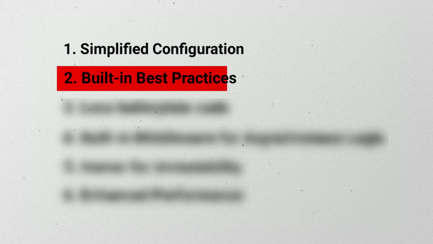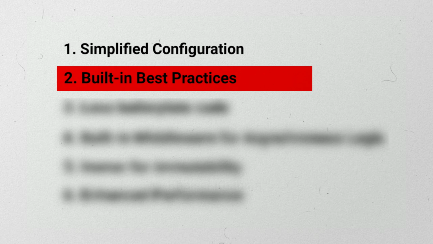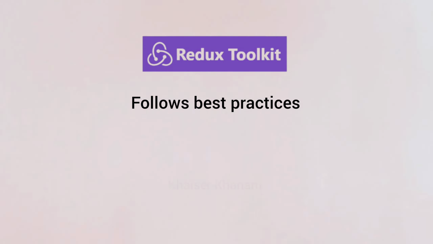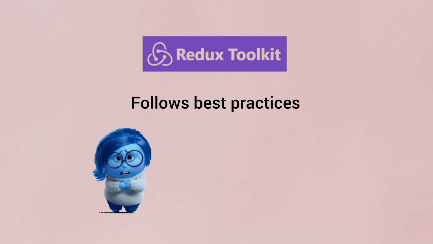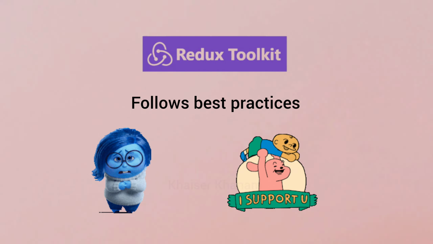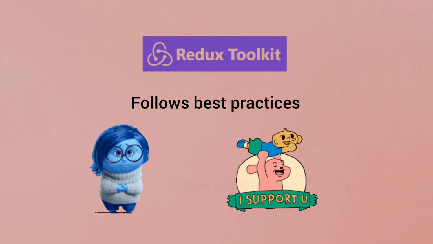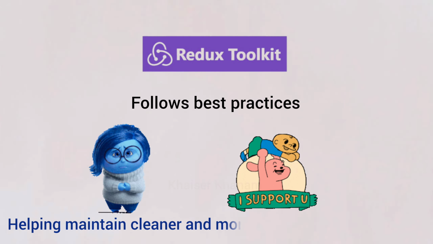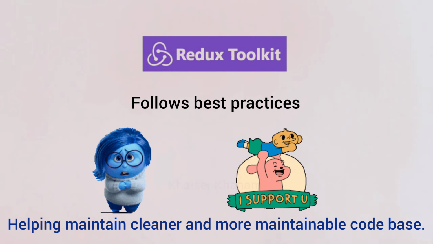Second reason, built-in best practices. Redux Toolkit follows best practices, so you are less likely to make mistakes. It encourages an opinionated structure for your Redux code, helping maintain a cleaner and more maintainable code base.